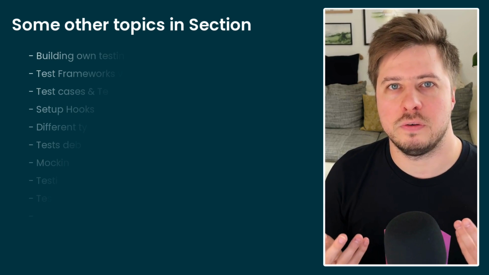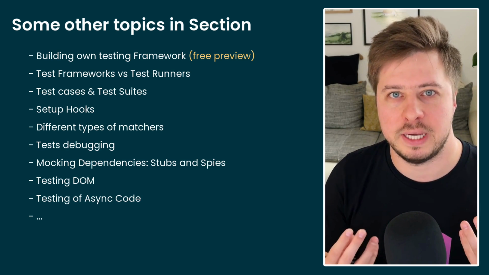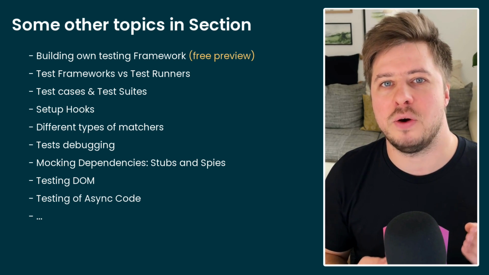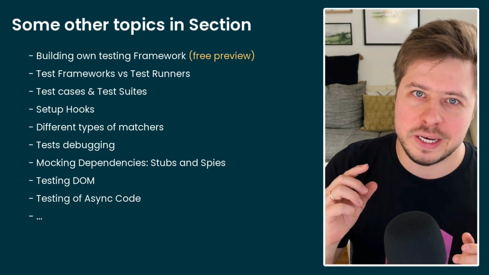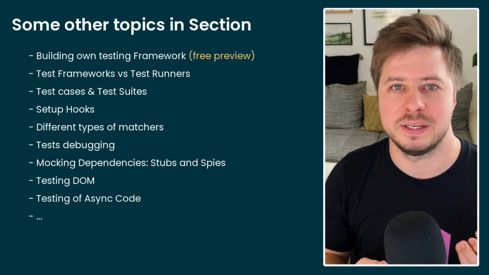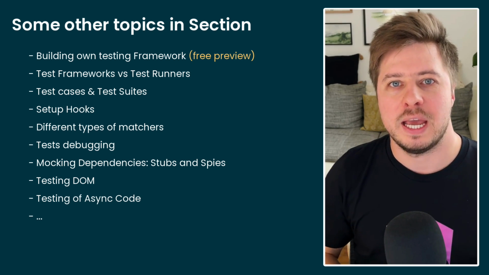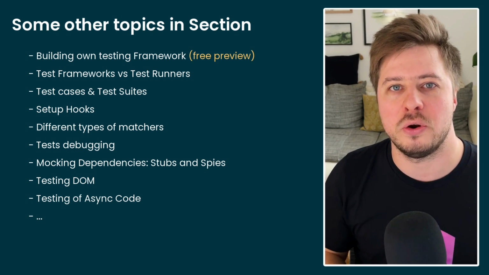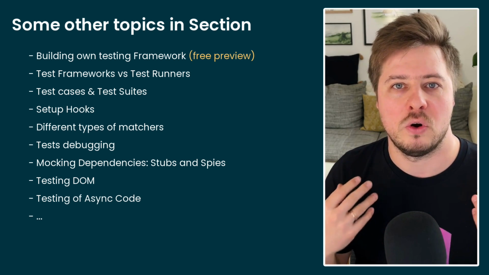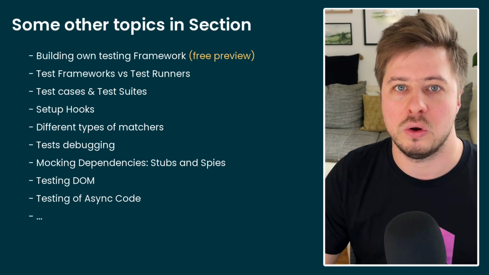In the full version of this course, we will continue to learn basic information about testing. We will even build our own super tiny testing framework to understand the core concepts behind any testing framework like Jasmine or Jest. Besides that, we will start learning the syntax of real testing frameworks without the Angular context so far.